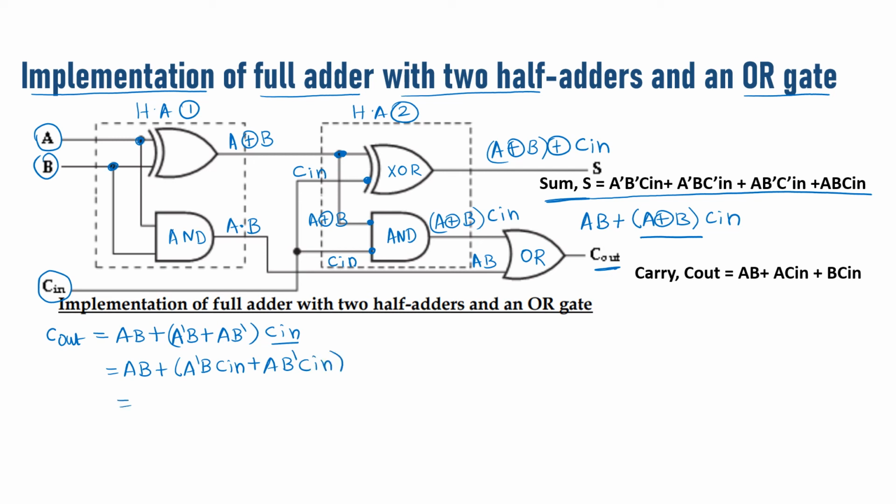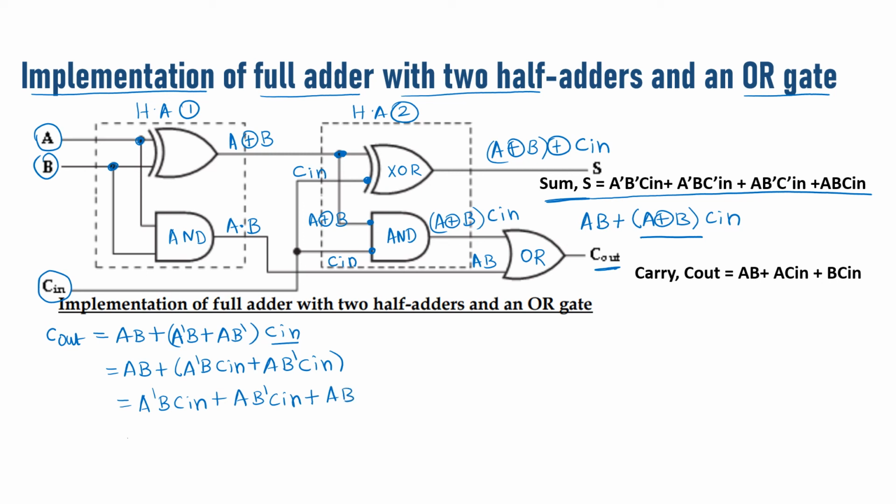Now if I remove this bracket, this can be rearranged as A dash B C in plus A B dash C in plus AB.